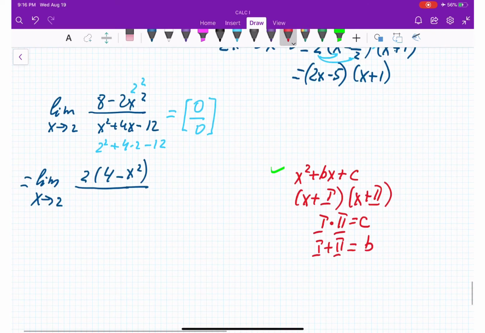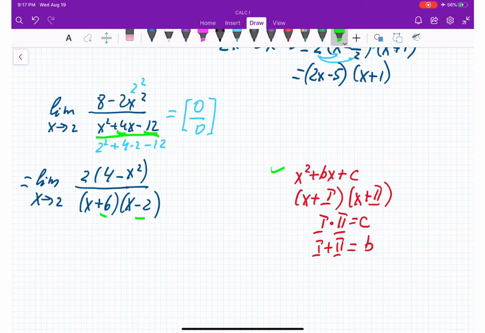So in my case, x squared plus 4x minus 12, I can break it down as x plus 6, x minus 2. Let's check. 6 times negative 2, I'm getting negative 12. And indeed, here I'm getting c, negative 12. And 6 minus 2, I'm getting positive 4. And indeed, my b is positive 4.